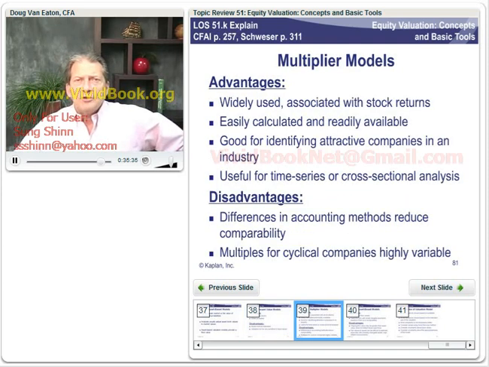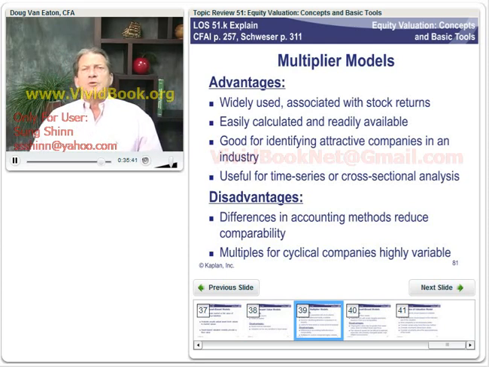Now, the multiplier models are also widely used and associated in some studies anyway with stock returns. That is, stocks with lower PEs, lower price to sales, lower price to book, or lower price to cash flow have been shown in some studies to have higher returns over time than firms with higher values for those ratios.